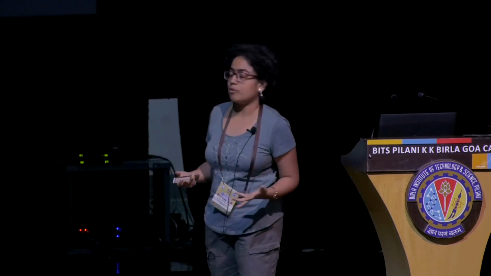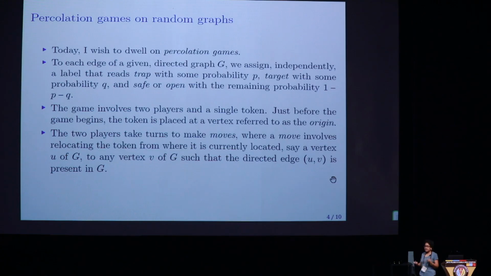And the game is as follows. It involves 2 players. As I said, these are 2-player combinatorial games. And there's a single token, and the whole point is basically moving the token. Directed graph means that you will move the token along the directed edges. Now the token will start from some initial vertex, which we refer to as the origin. And these 2 players will take turns to move the token.